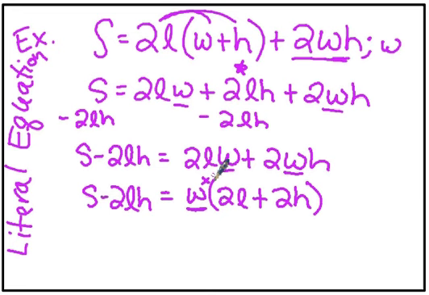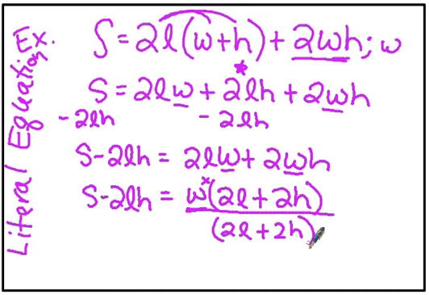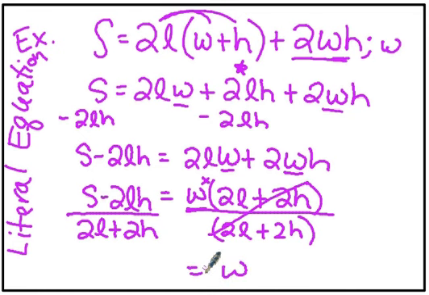And we go back to that PEMDAS backwards still. The undoing of multiply is divide. So we're going to divide this side by 2L plus 2H, and we're going to divide this side by 2L plus 2H. This cancels out.